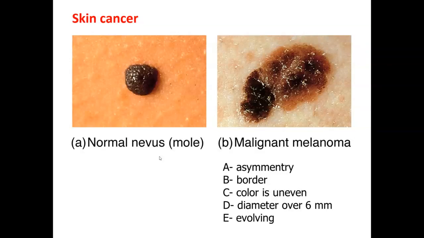So if it changes form, it gets enlarged, and the edges are very distinct here. Now the edges are fuzzy, like it blends in with the surrounding skin. That could mean that it's becoming cancerous. So watch for that in yourself and people close to you.